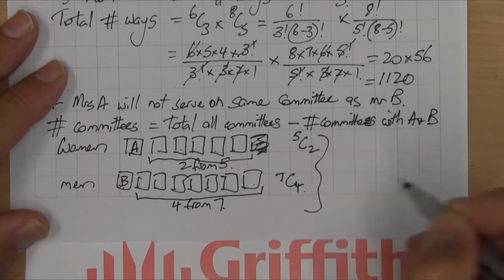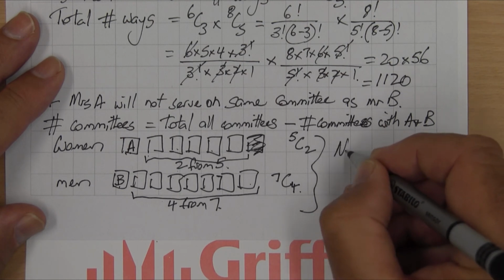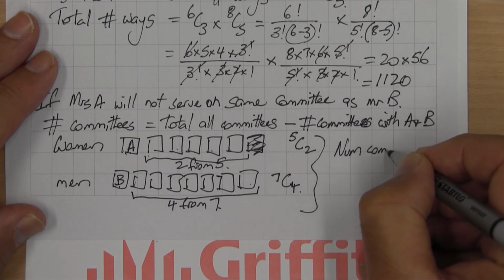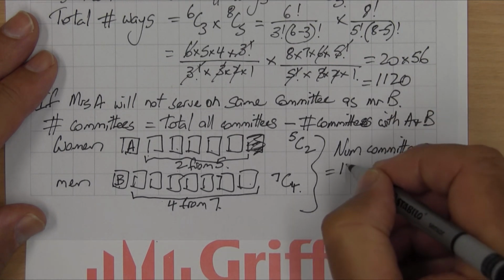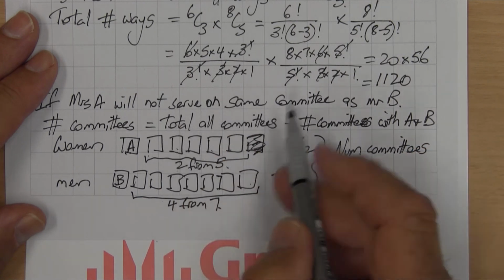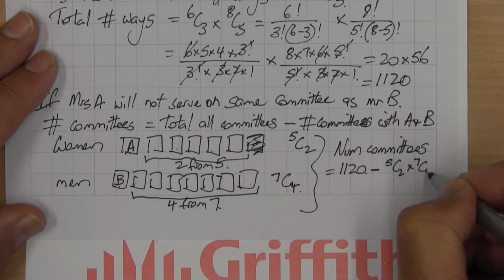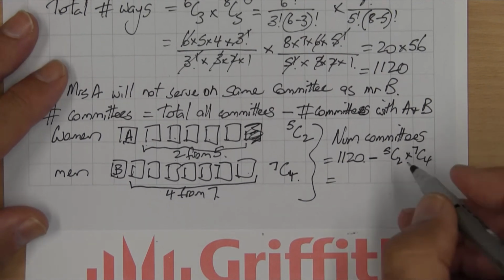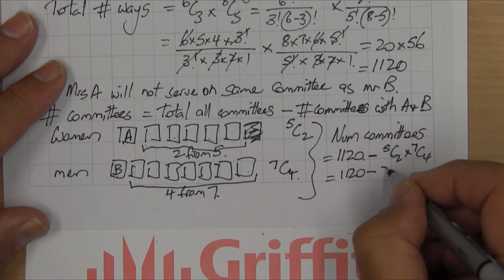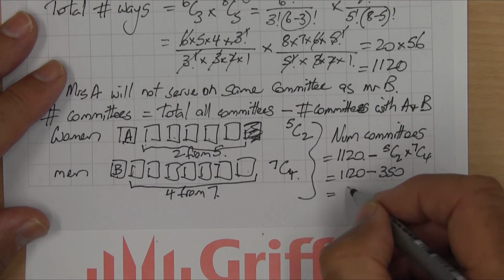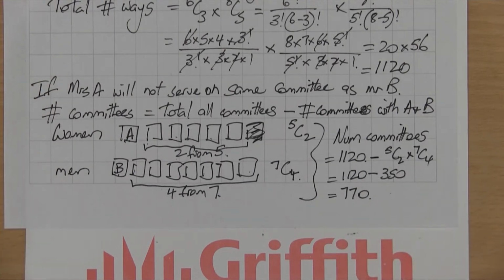So therefore, if we combine all that, the number of committees will be equal to 1,120, that's the total number of committees, minus 5C2 times 7C4. And I think that 1120 minus, this turns out to be 350. So there'll be 770 committees that could be formed without both A and B being on the committee.